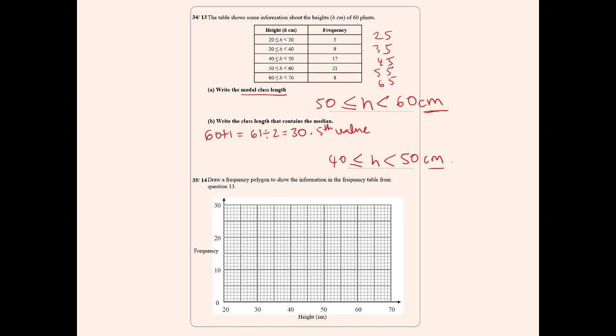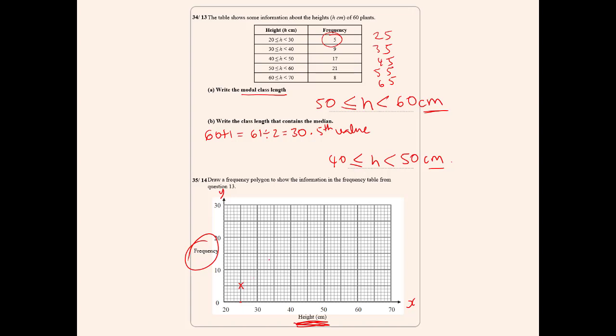Now 25, the frequency is 5, so let's find 25 on the heights. This is your heights on the x-axis, and the frequency on the y-axis. So 25 is 5, so let's find 25 on the height, that's 25 there, and go 5, so this is our first point.